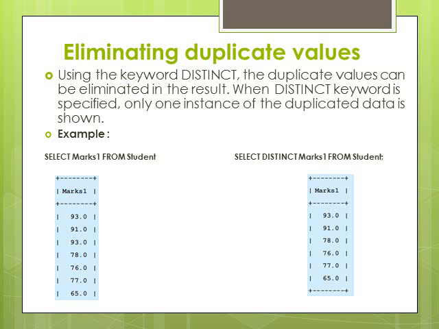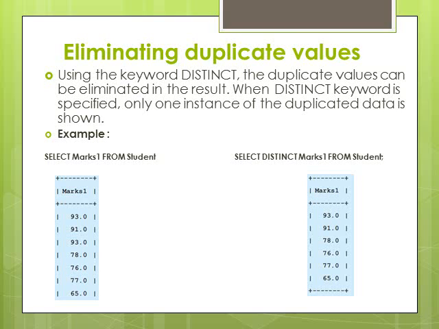See the example. In the first example, we have taken the select statement as select marks1 from student. In this query, the output is showing 7 rows, while the same query on the right hand side has the distinct keyword: select distinct marks1 from student. It is showing 6 records.